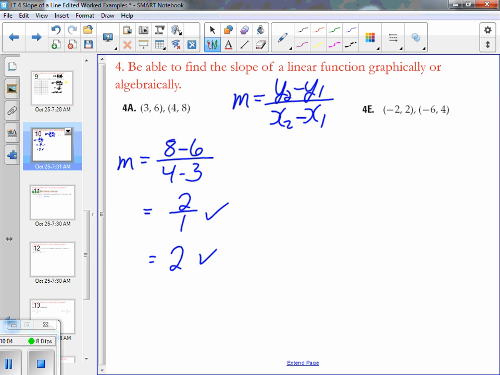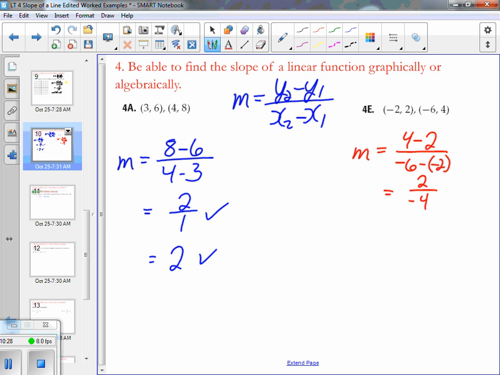And I do want to talk about 4e for just a second, because look what happens. y2, 4, minus y1, 2, over x2, negative 6, minus x1, negative 2. 4 minus 2 is 2. Negative 6 plus 2 is negative 4.